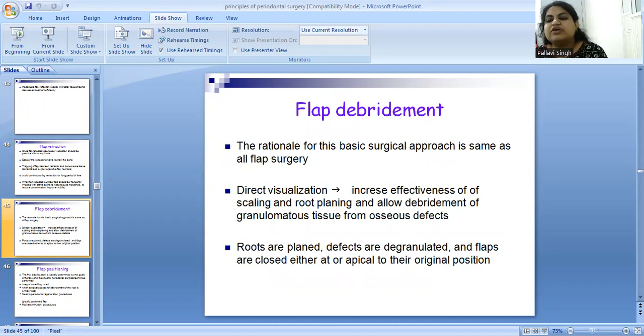So whenever you want to opt for a periodontal regeneration procedure, or a bone graft procedure, or a guided tissue regeneration procedure, the direct visualization helps the better selection of the materials and better visualization of the osseous defects.